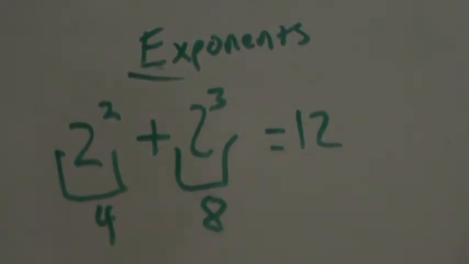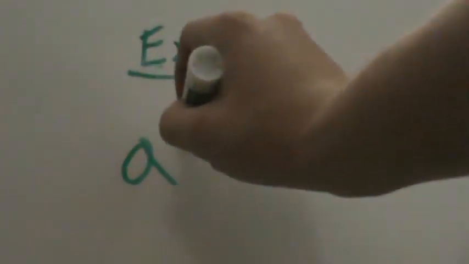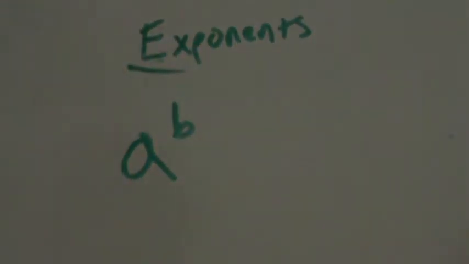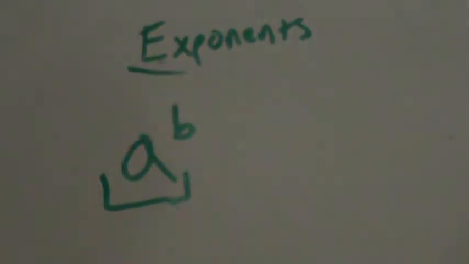And this is another important idea, and I'll show it by an algebraic definition. This is your idea of the exponent. You just have a base number, and then you have an exponent number right here. So the A number basically tells you what your base is.